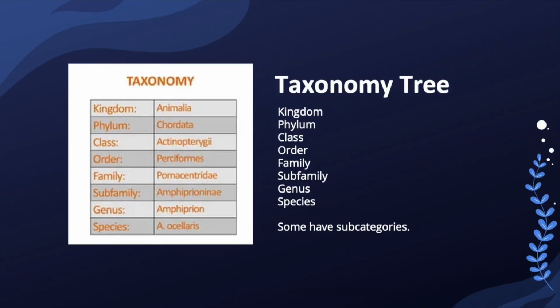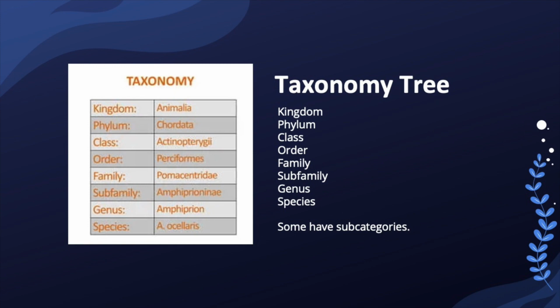If you look at that chart right next to the image that I have, that's the taxonomical tree of the ocellaris clownfish. We go all the way from the largest group, kingdom Animalia, fish are animals obviously, phylum Chordata, basically referencing a spinal cord. Class would be Actinopterygii. Order would be Perciformes.